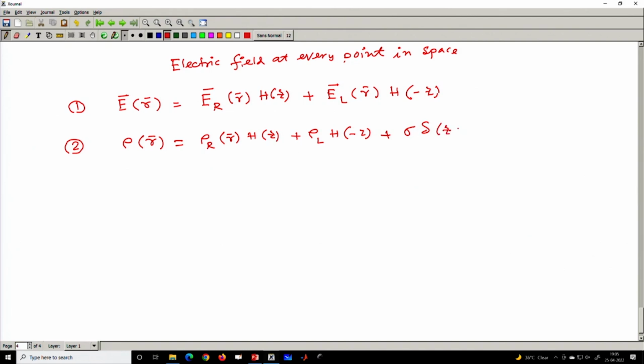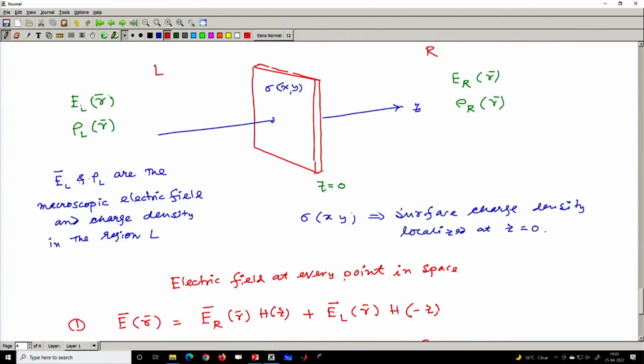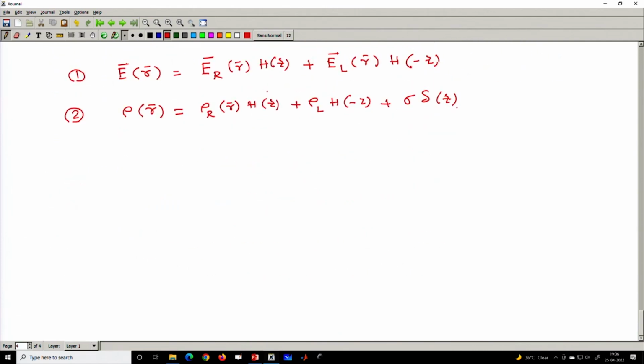For that I should use my delta function, delta of z. So, left hand side has this charge density, right hand side has this charge density, and at z equal to 0 we have a charge distribution, which I write in terms of the delta function.